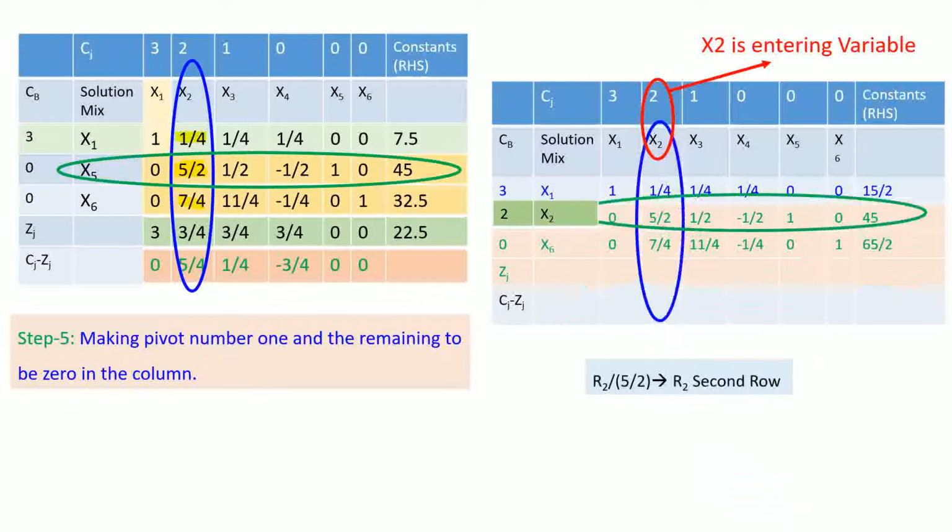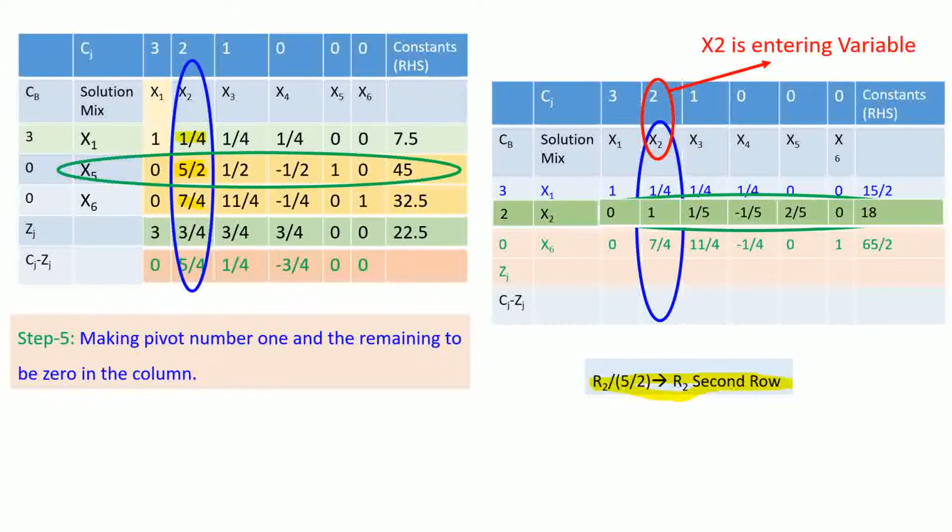When we conduct this row operation, that means R2 divided by 5/2, we get the new value of R2, that is this value. So when we divide 0 by 5/2, it becomes 0. When we divide 5/2 by 5/2, it becomes 1. When we divide 1/2 by 5/2, it becomes 1/5.